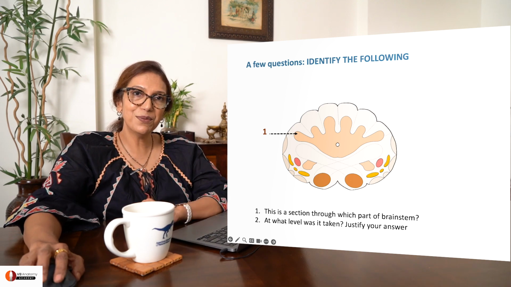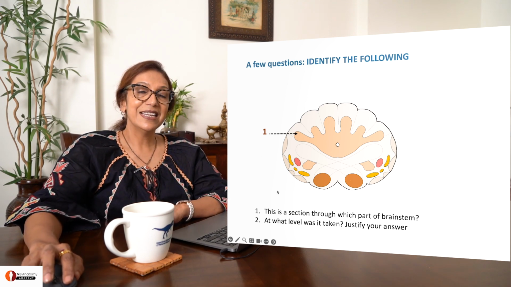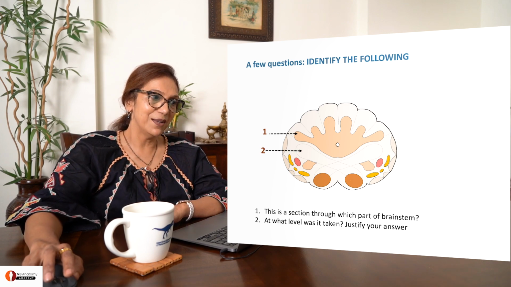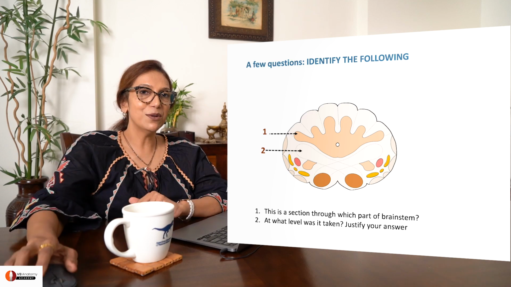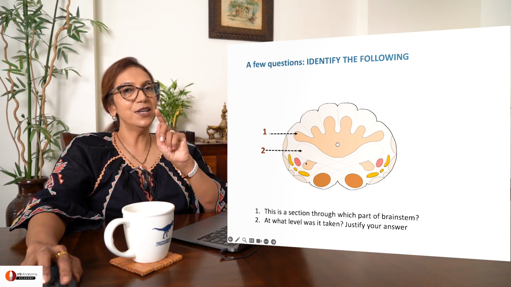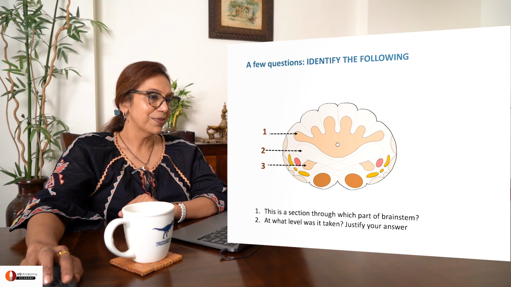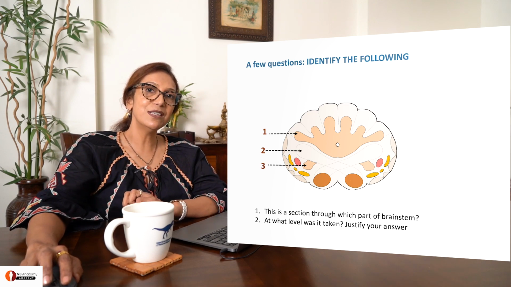A few questions for you to see if you really understood. What is one? It's the spinal nucleus of trigeminal nerve. What is two? This is the decussating fibers of the corticospinal tract. Below this, it's going to continue as lateral corticospinal tract. What is three? Supraspinal nucleus. Name the nerves it gave rise to.